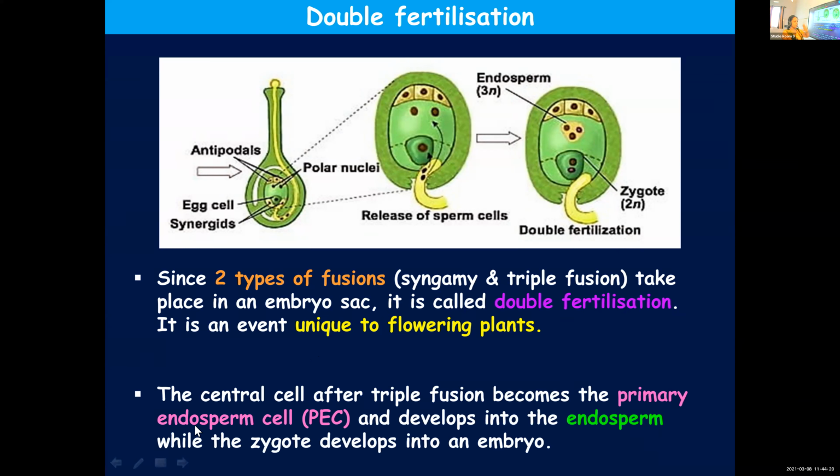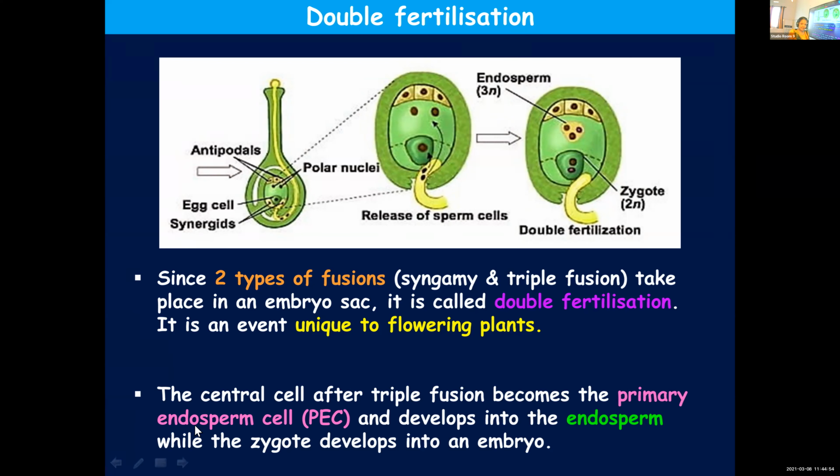So, syngamy and triple fusion both have taken place. You know that triple fusion took place in the central cell, where one male gamete fused with two polar nuclei, resulting in the formation of a triploid primary endosperm nucleus. And the central cell, once fertilization has taken place, will change into the primary endosperm cell, because the nucleus present in the central cell is the primary endosperm nucleus.